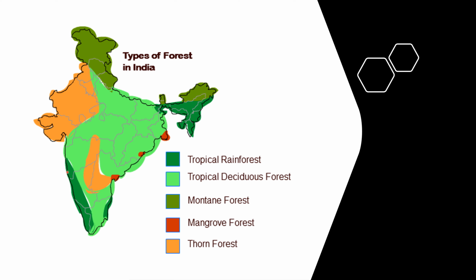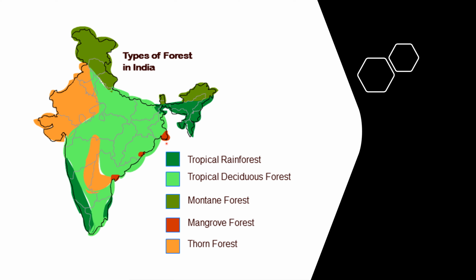Some areas get very heavy rainfall, so they are dominated by the tropical rainforests, especially the western part of the Western Ghats and the northeastern part of India. The mountain vegetation or the montane forest dominates the Himalayas and its higher reaches, which are found in parts of Jammu and Kashmir, parts of Himachal, Uttarakhand, and in the northeast.